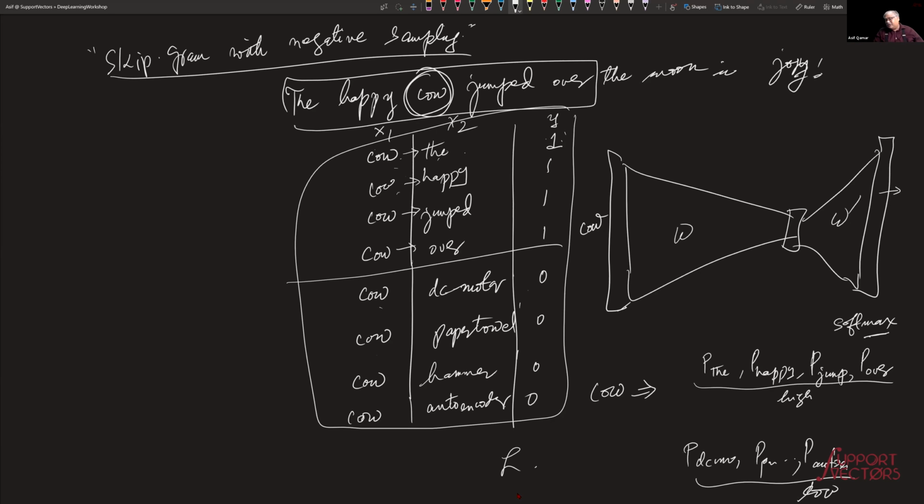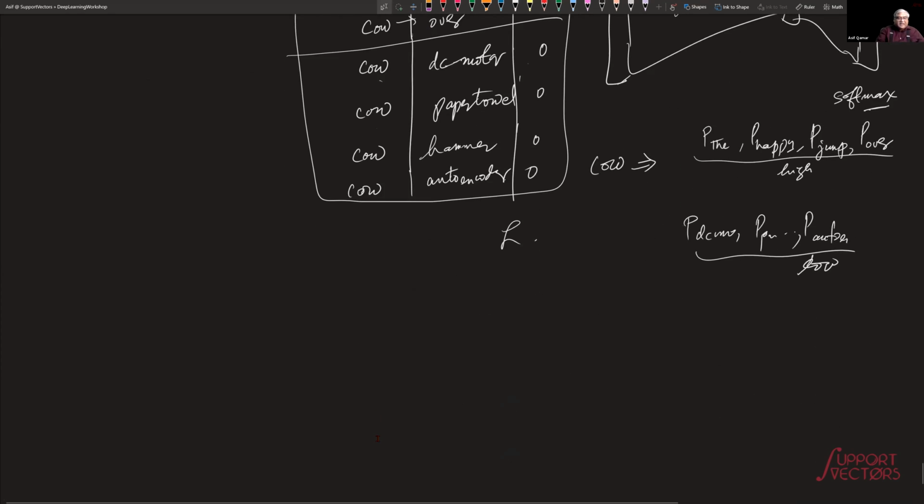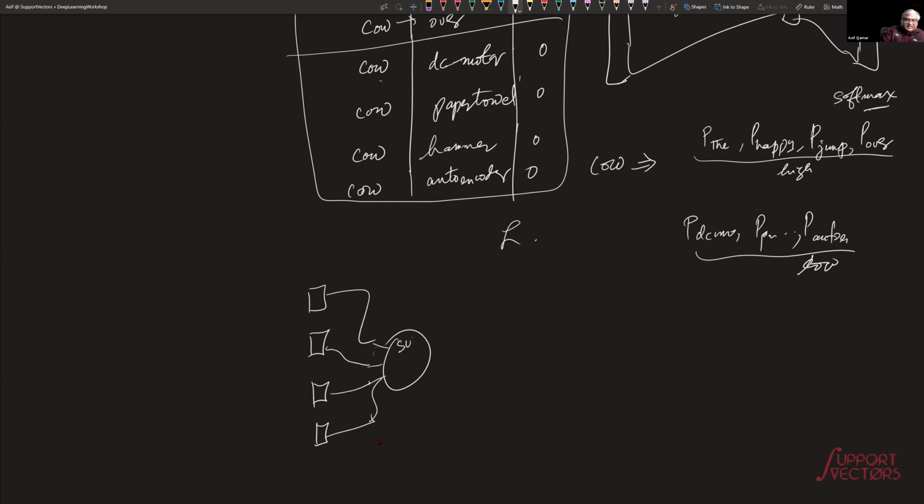So visually what you're doing is, see, in the first case, in the bag of words, you took 4 words of context, let us say 4 words of context, right? And you did some sort of an aggregate operation, maybe some average or whatever, to create a vector. You feed it into this, and you had one output.